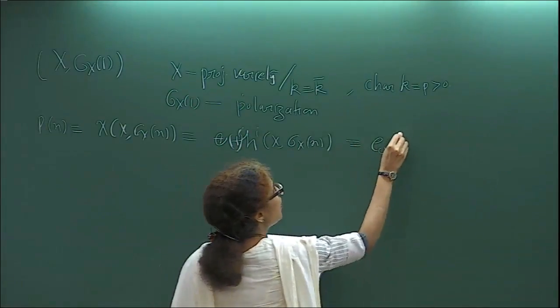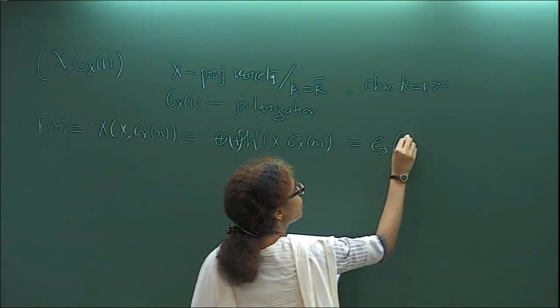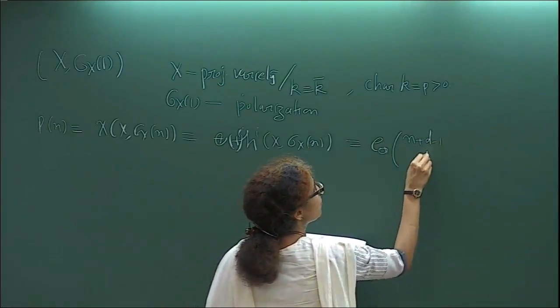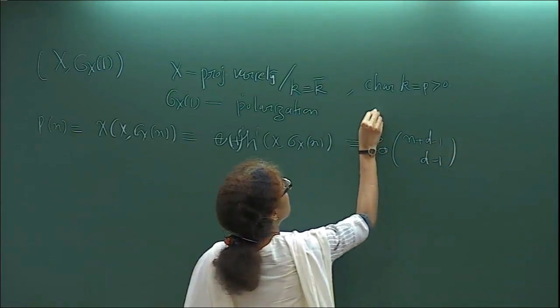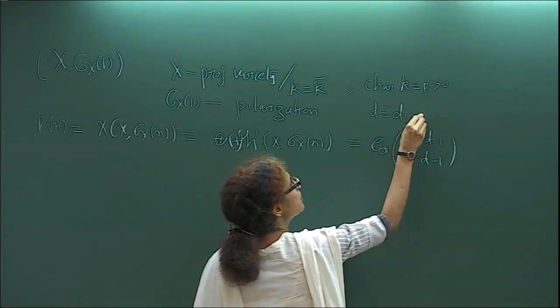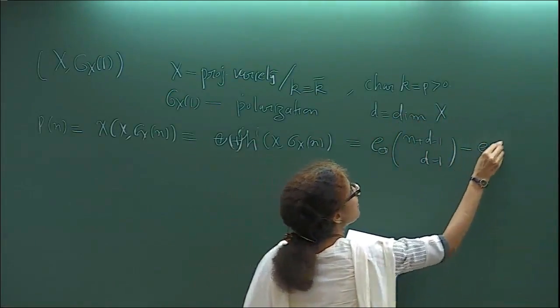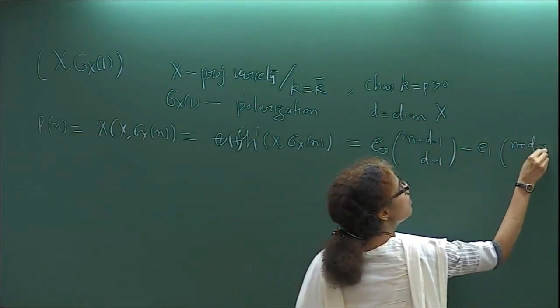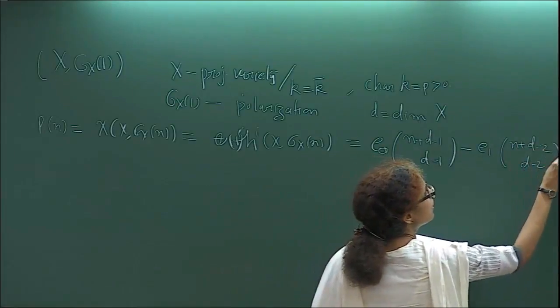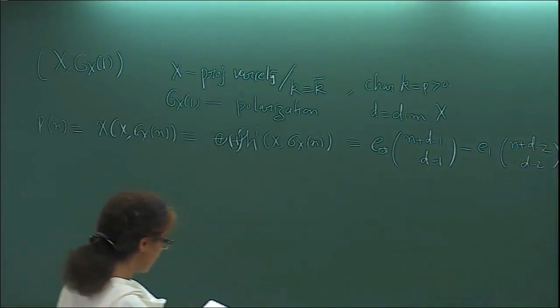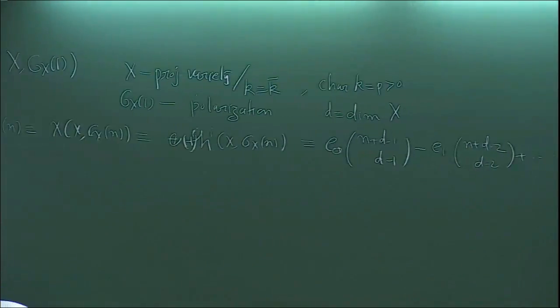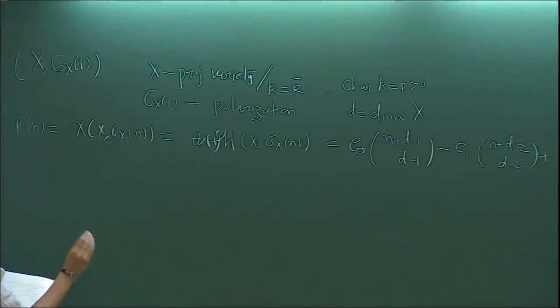We know this is a polynomial. In fact, it would look like e_0 times (n+d-1 choose d-1), where d is the dimension of the variety, minus e_1 times (n+d-2 choose d-2), and so on. So this is a polynomial.